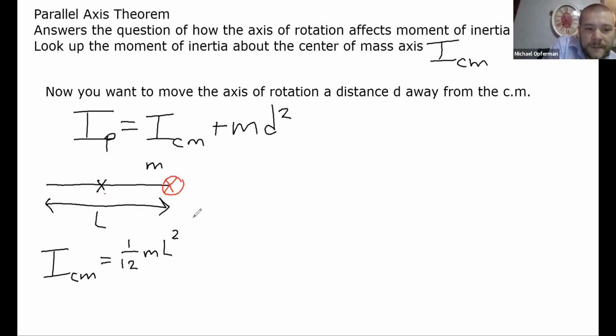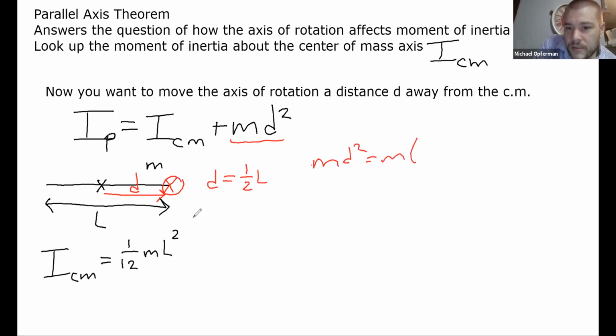In so doing, we moved it a distance d from the center, and in our case here, we moved it a distance of 1/2 L away from the center. So we're going to have to add a term here, M d squared. d is 1/2 L, so that's M times (1/2 L) squared, so that'll be 1/4 ML squared.